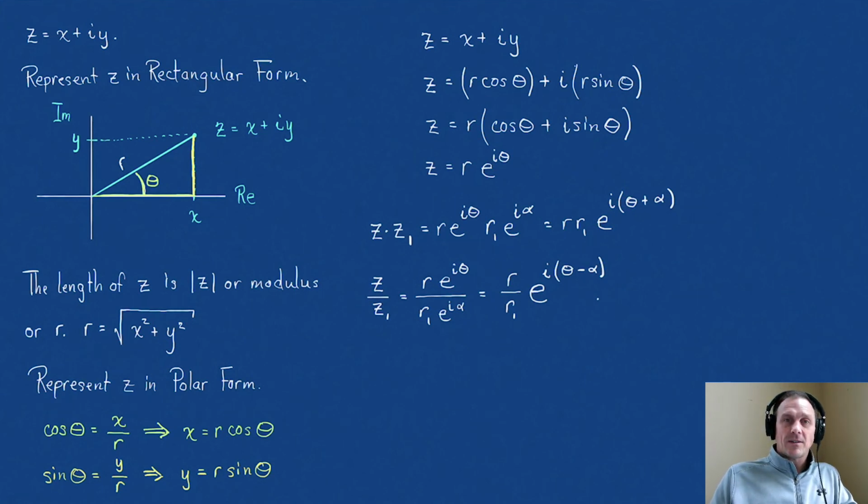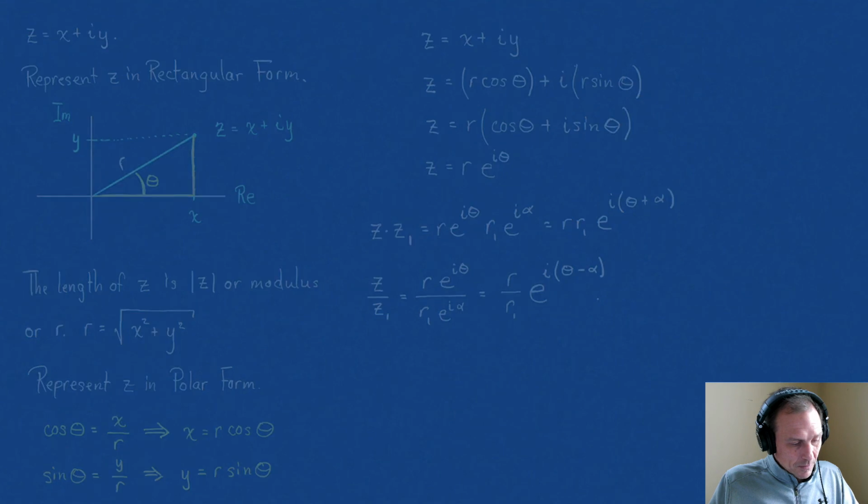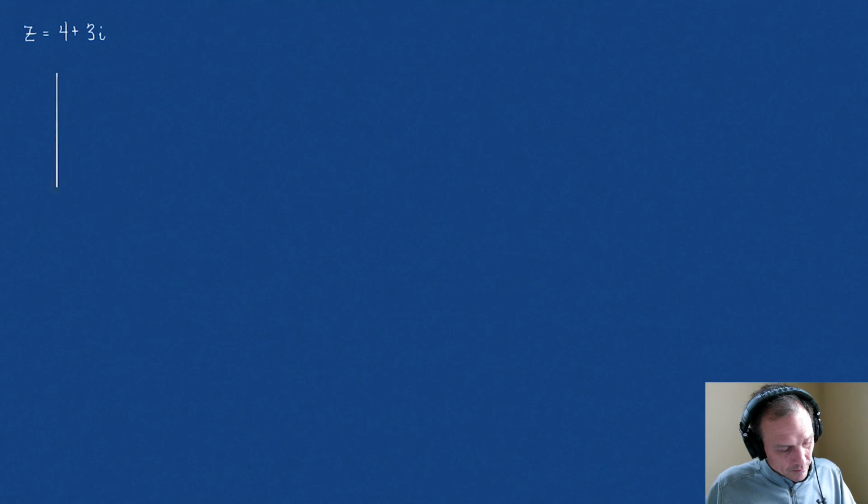Pretty easy. Now, I think that at this point, sometimes we get a little confused with all these letters, so let's actually try an example. Come to a new screen. Let's try this. We're going to use a new z. So z is equal to 4 plus 3i. Okay, I'm going to graph this.